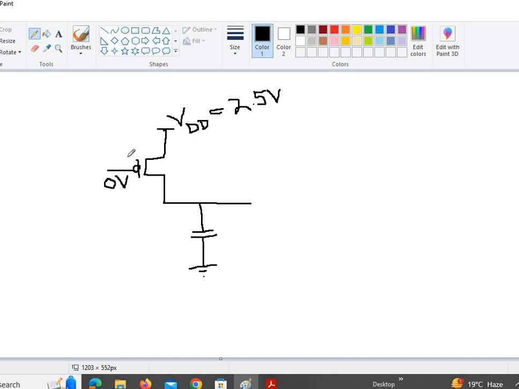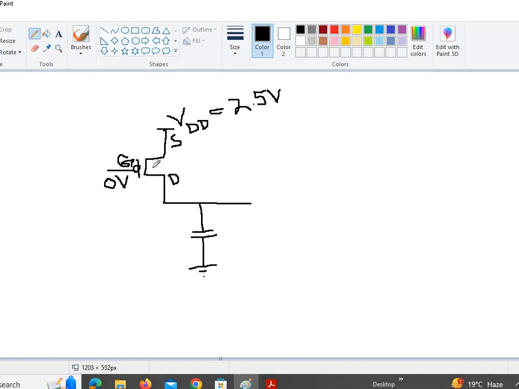Generally, we know that here we would have the gate of the PMOS transistor. The source of the PMOS is connected to VDD, and the drain of the PMOS is going to be connected over here to the output.